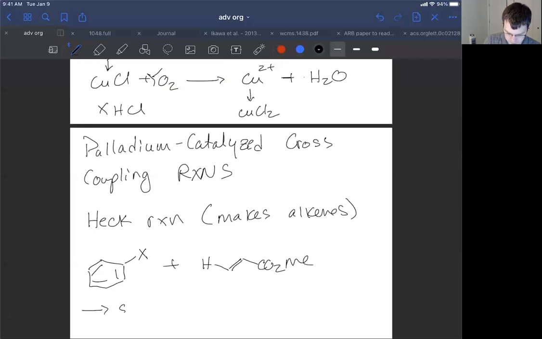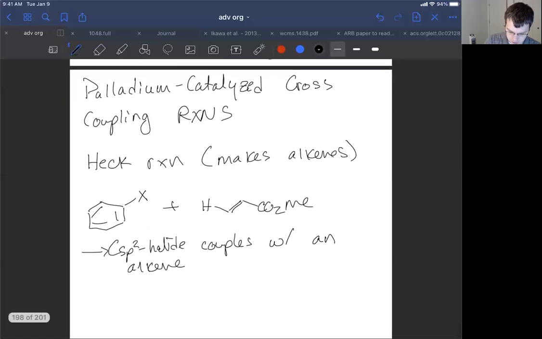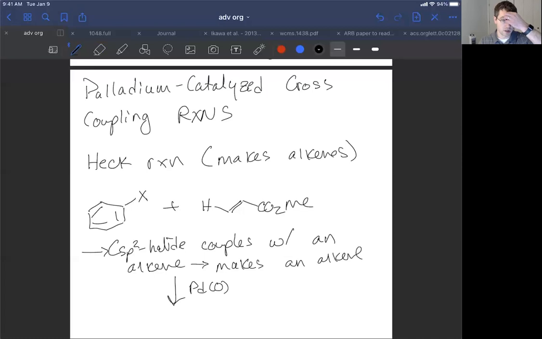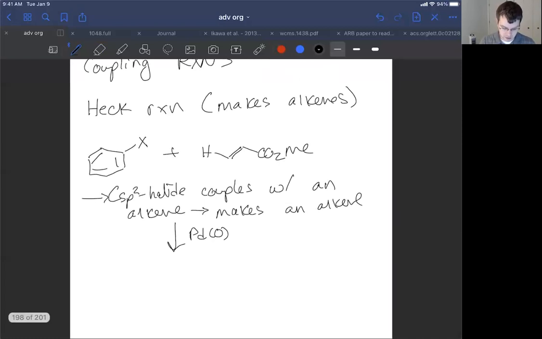So an sp2 halide, and we're going to merge them to get it coupled with an alkene. And this makes an alkene. So the outcome of this reaction is, if we have palladium 0 from some source, we're going to form an alkene and HX.